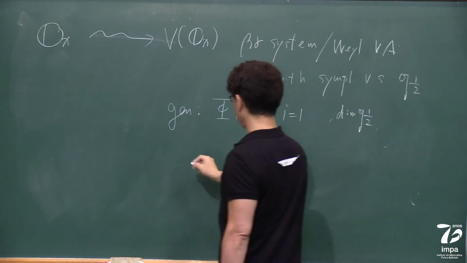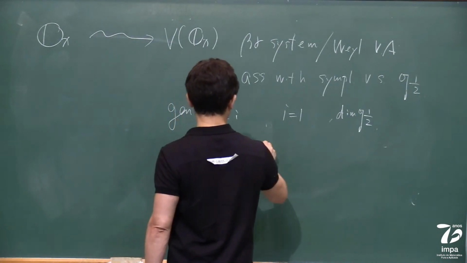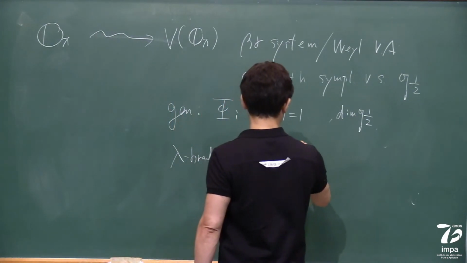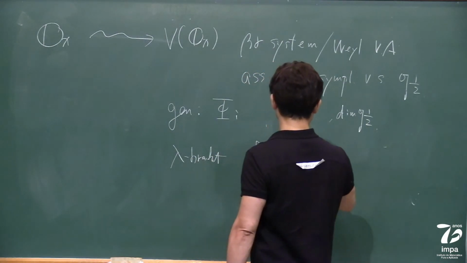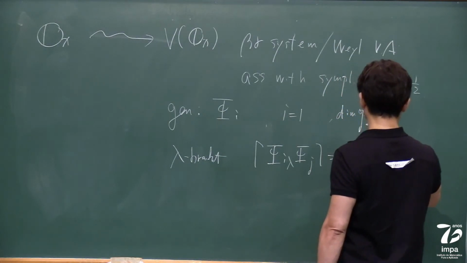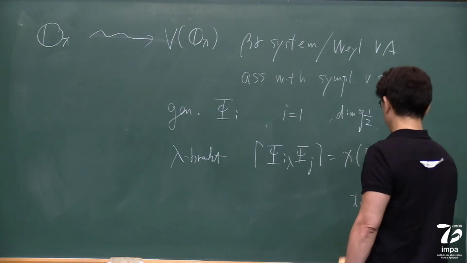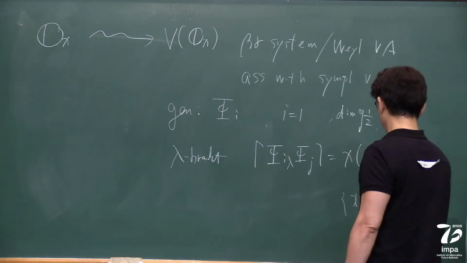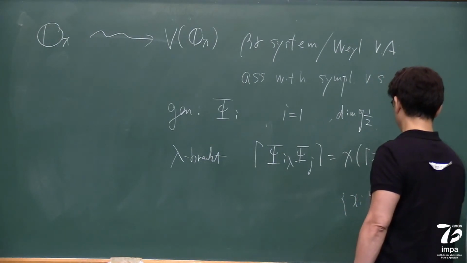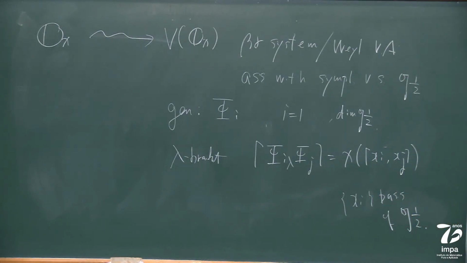And a lambda bracket is determined by the chi of xi i, xi j, where xi i are a basis. So I'm using the same notation, but this is a basis of G half. So it's just a free field vertex algebra.